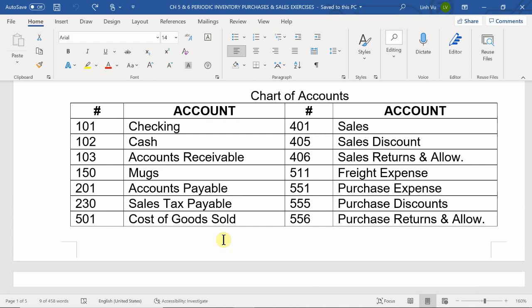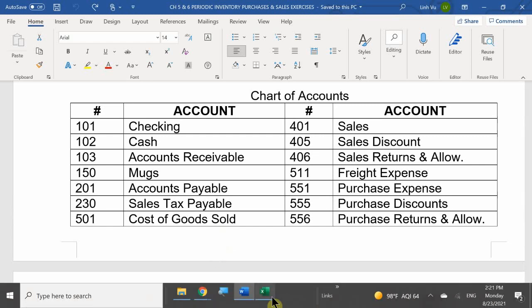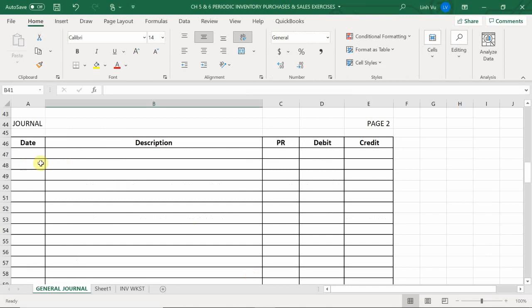Sales return. Okay. So we have a sales returns. Good. Sales returns is 406. And let's see.